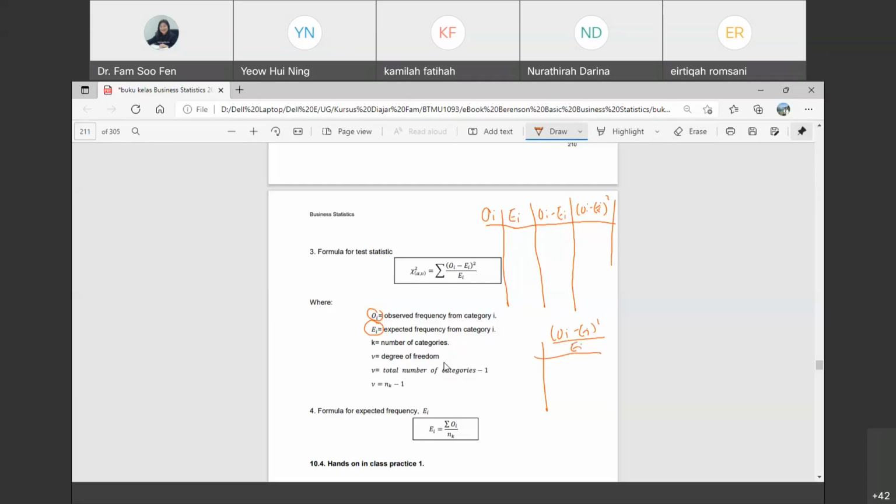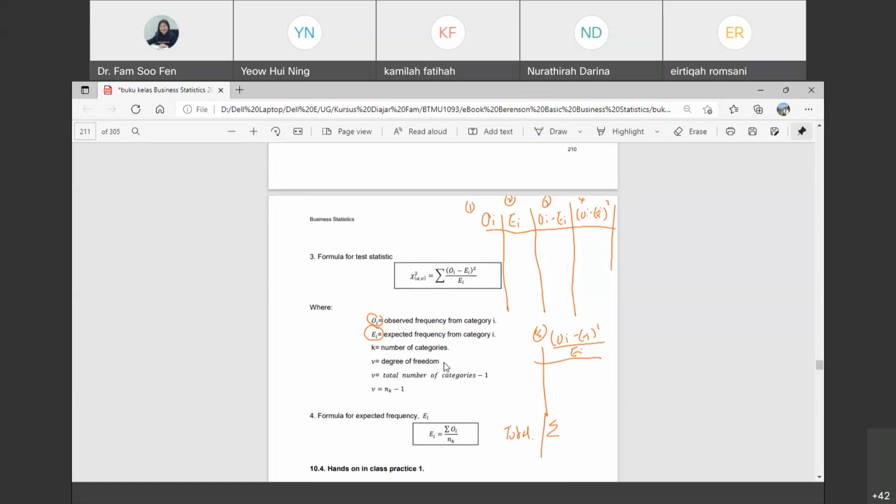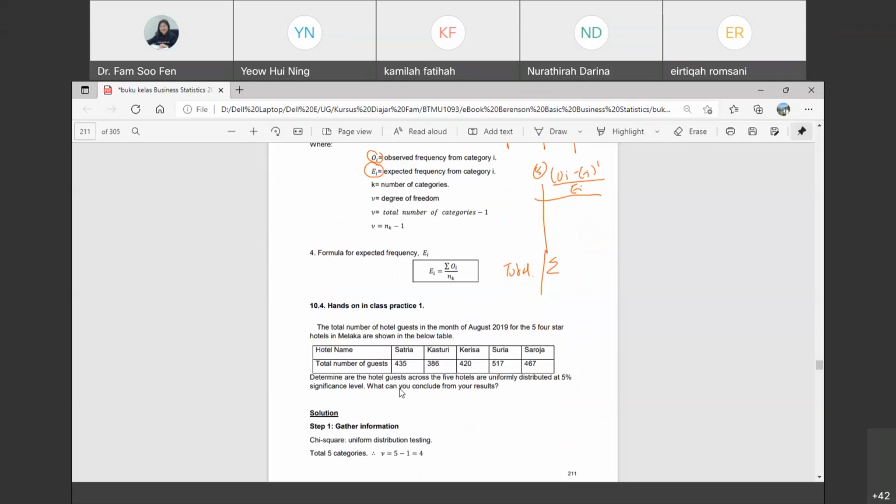So you have one column, two columns, three columns, four columns, five columns. Up to here will be the total. The total of this one, the formula, will be the sum of OI minus EI squared divided by EI.